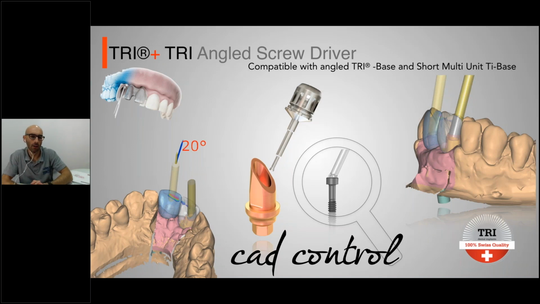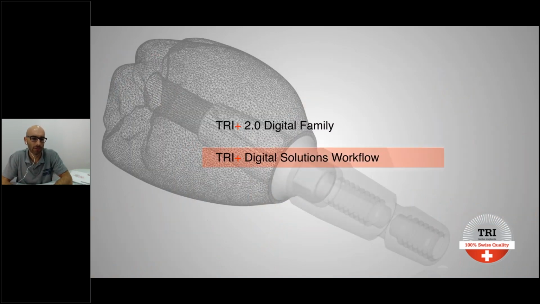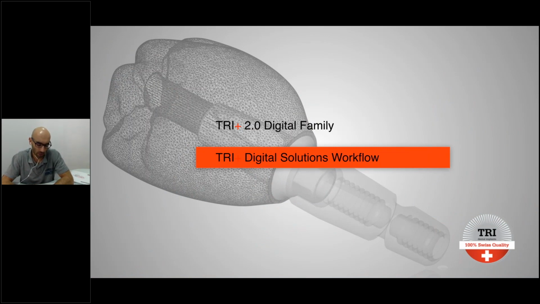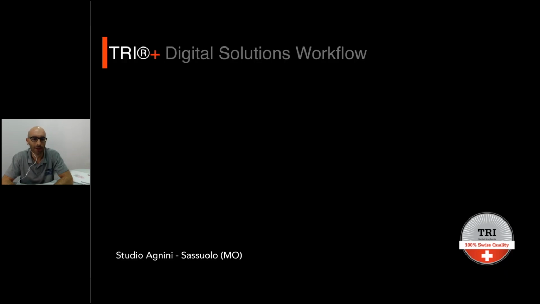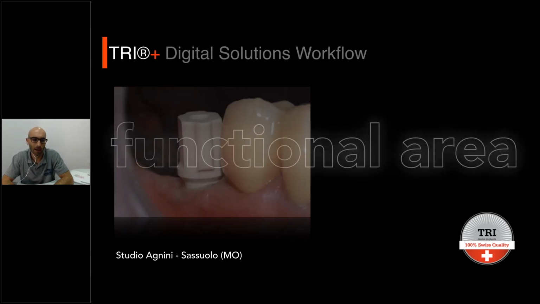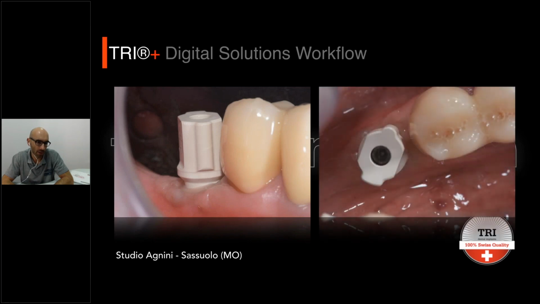So after this overview of the whole TRI digital family, we will see some workflows. I will show you just a few different cases because they are in different areas and with slightly different function. The first one is in the functional area, a posterior crown. The dentist used the TRI scan body to take the impression. As you can see, the design of the scan body is also very important.